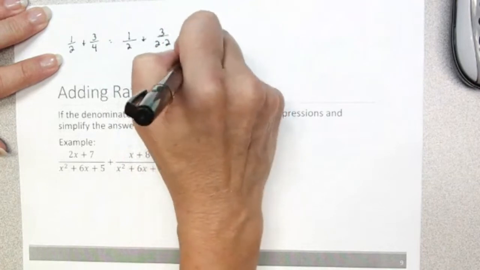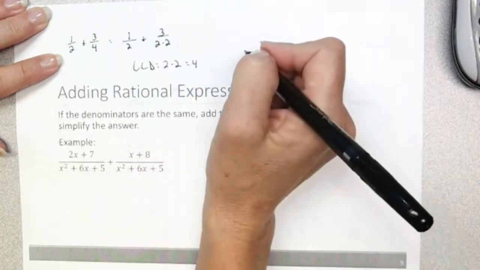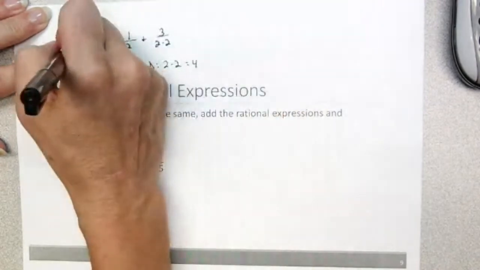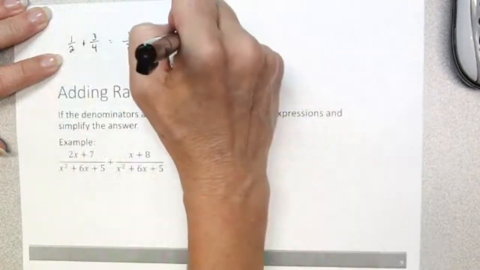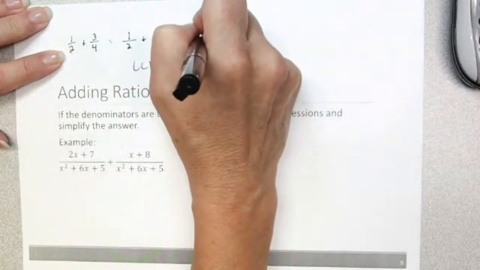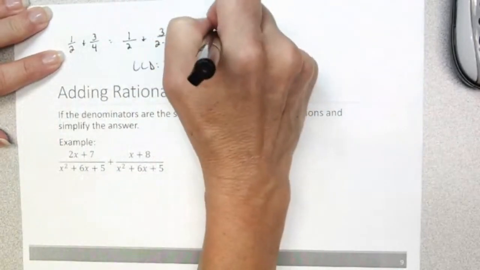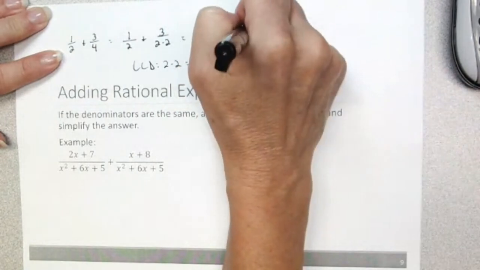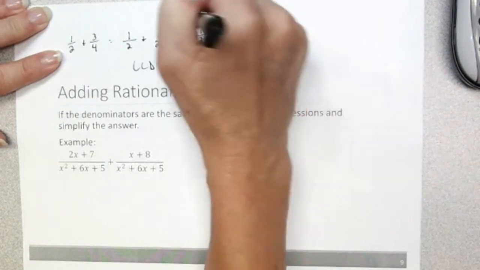So my least common denominator is 2 times 2 or 4, right? So to establish the common denominator here, that 2 needs to be multiplied by a 2. So I'm going to need to multiply that 1/2 by 2/2, and then add to that the 3/4.